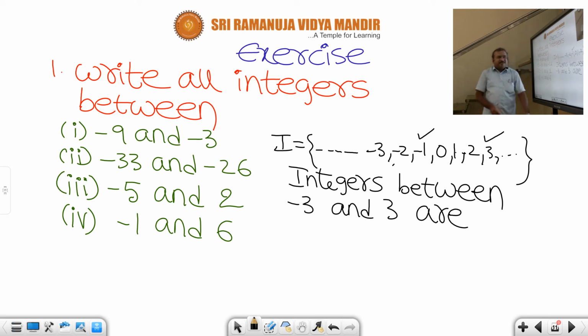So simply you can identify the integers and note them down. So between -3 and +3 you have -2, -1, 0, 1, 2. These are the integers between -3 and +3.